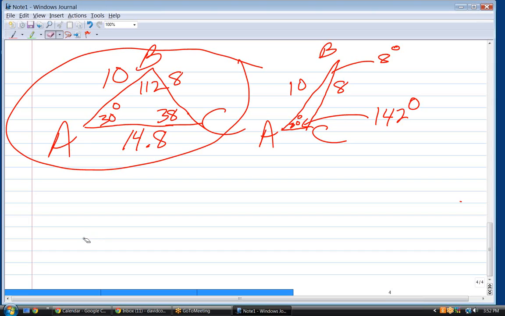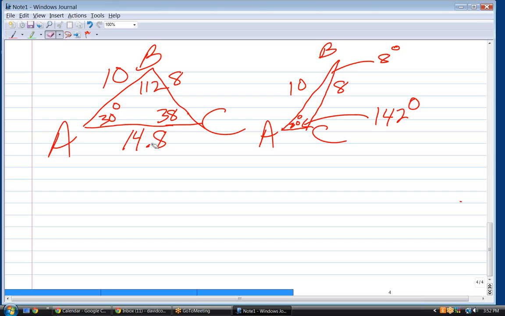And the only ballpark test you really need to apply is make sure that the longest side is opposite the largest angle, and the smallest side is opposite the smallest angle, and the other medium angle is opposite the medium side. So this does pass the ballpark test. Okay, so I'm going to go with this as one solution.